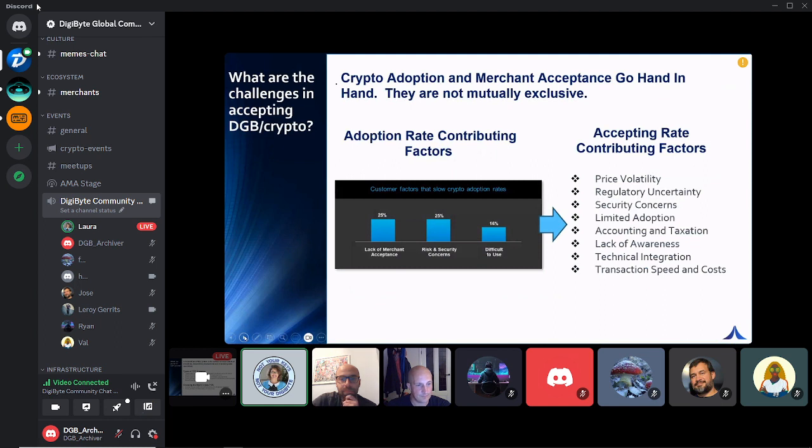We can have all the merchants adopting it, but if crypto itself isn't really adopted, it doesn't really matter. It's such a symbiotic relationship. They're not mutually exclusive and have to grow up together, and there's a lot of barriers to that, right?